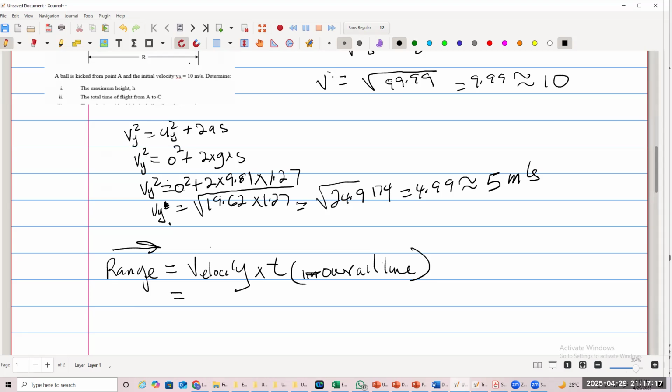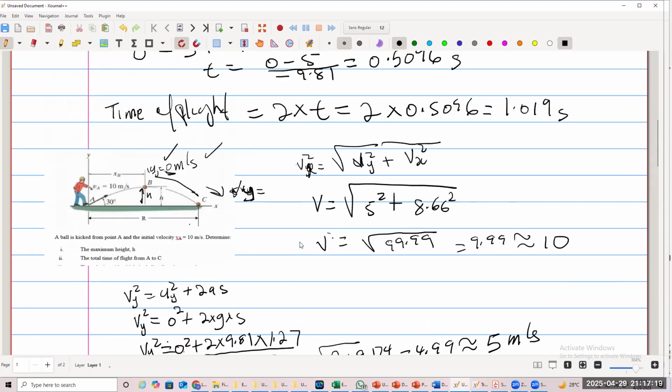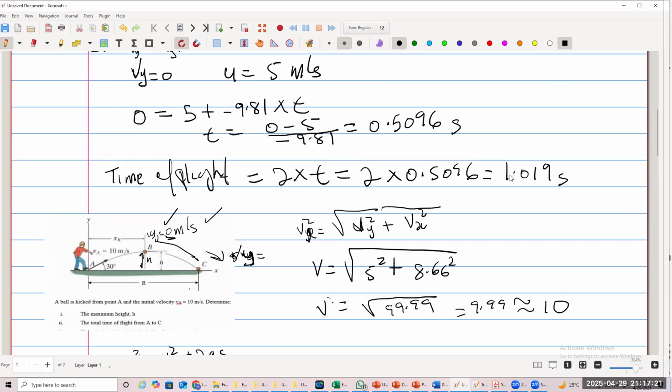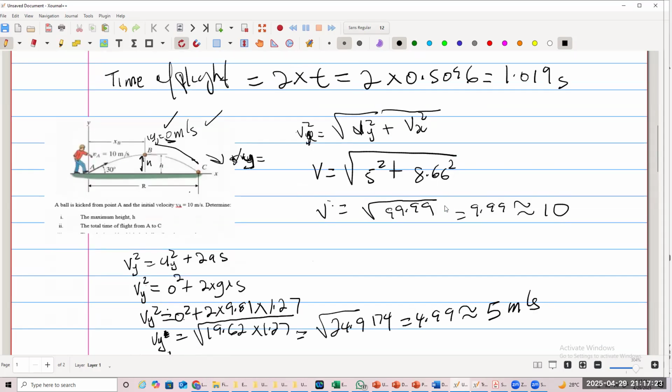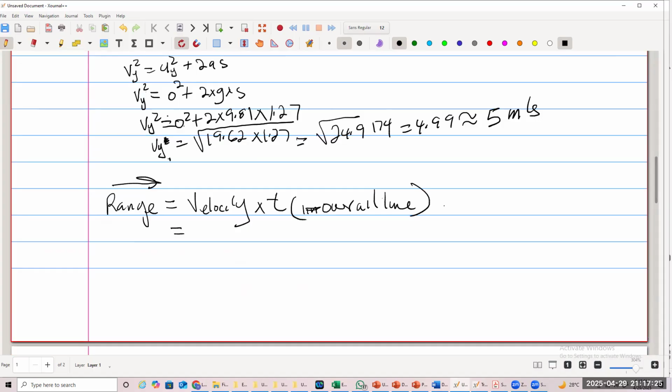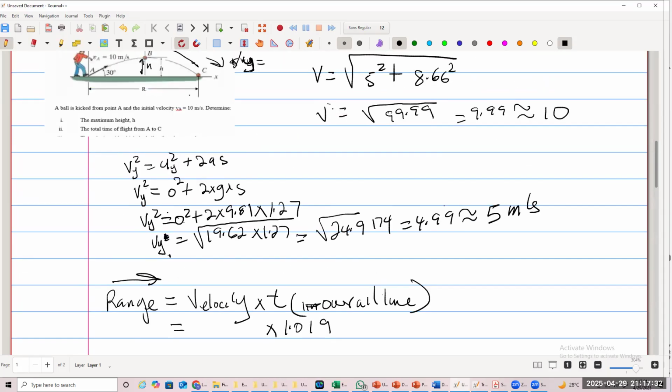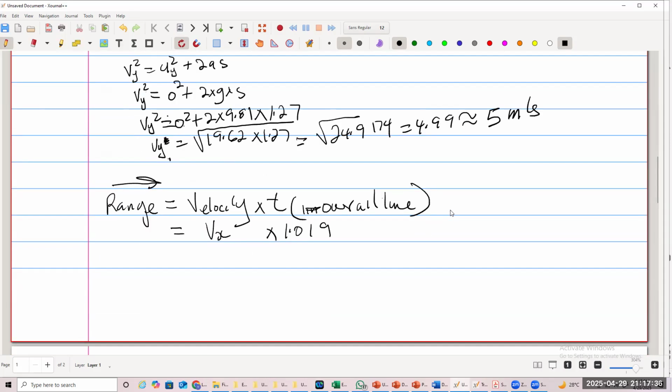And what was our overall time? We had to work it out. See it over here? 1.019. And what's the Vx? It's a Vx value we want now. What is our Vx value? In our case, it is 8.66 times 1.019. What does that work out to be?